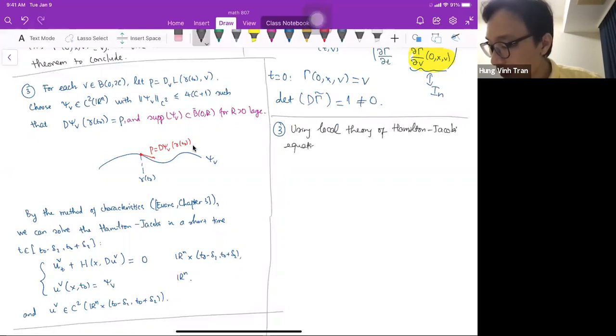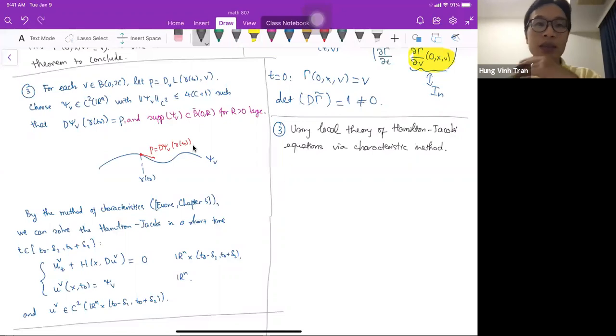Equations, by the characteristic method. So you see that this is one of the reasons why I meant that our proof is actually very complicated and quite involved, because it's related to various different parts of math, right?